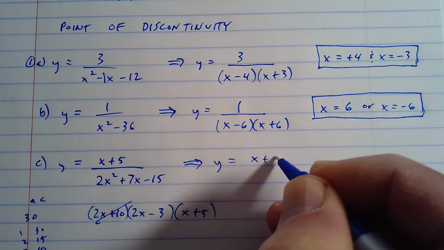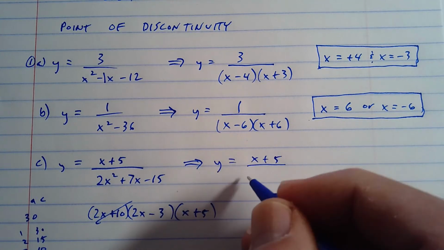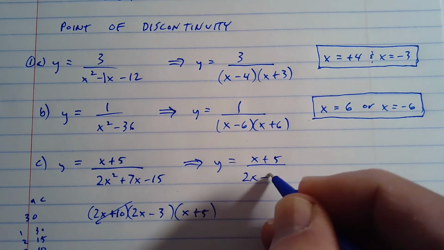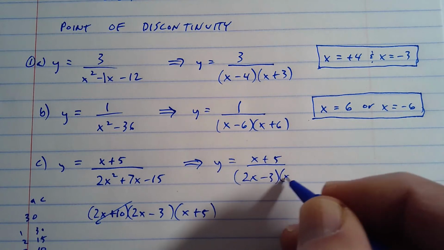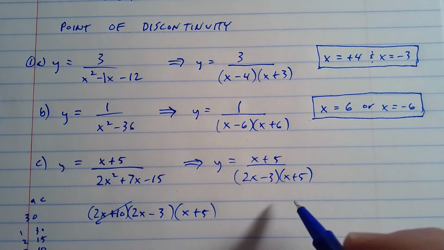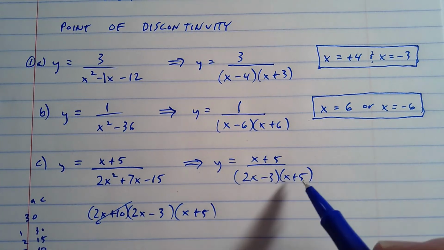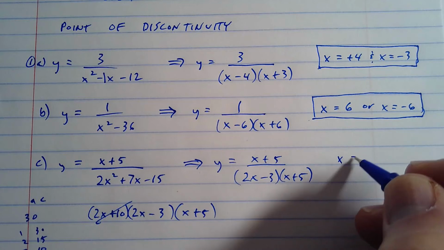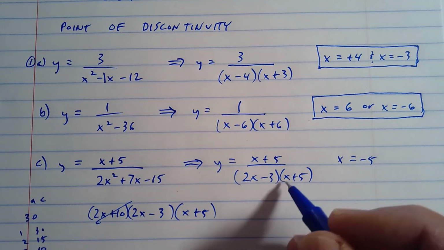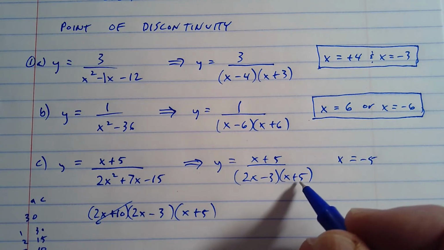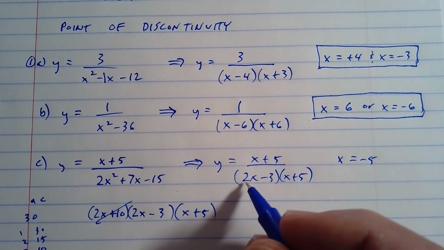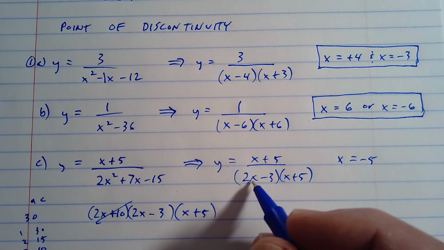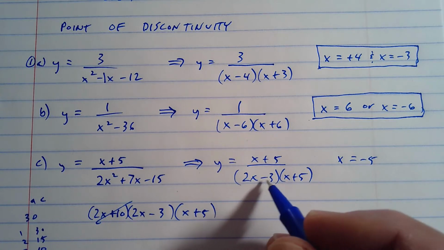still have that x plus 5 on the top. Then we have a 2x minus 3 in the bottom and another x plus 5. Even though these x plus 5s will end up canceling each other out, it's still a point of discontinuity. So x equals negative 5. That would zero out this second binomial down here. And then what times 2 would make a 3, so that when I subtract 3 I get 0.